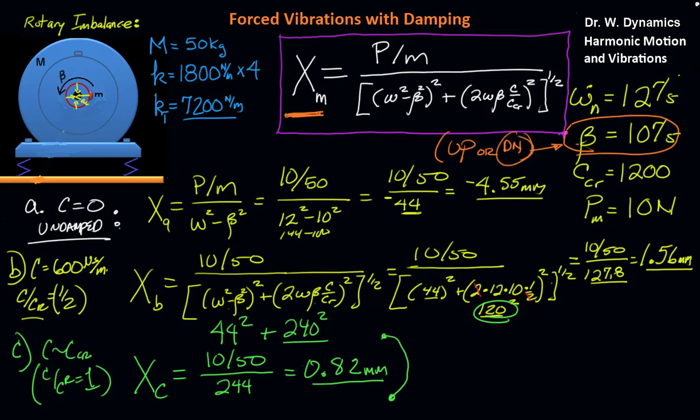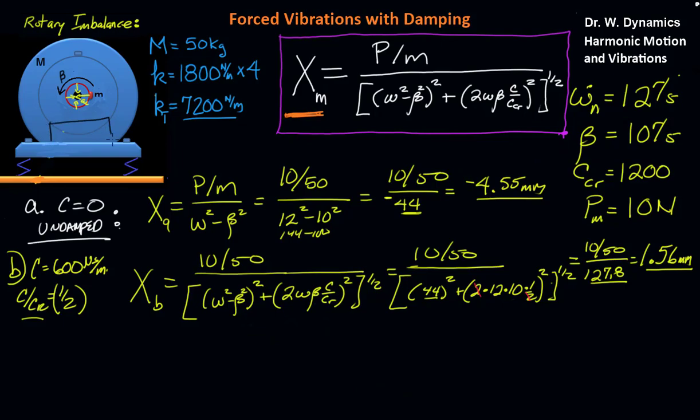And we would want to lower it because we want the difference between these two to be as big as possible. So if we were able to run this at, let's say, 8 radians per second, we'd see a very large drop in the amplitude. Just doing that would make the undamped value 2.5 millimeters.